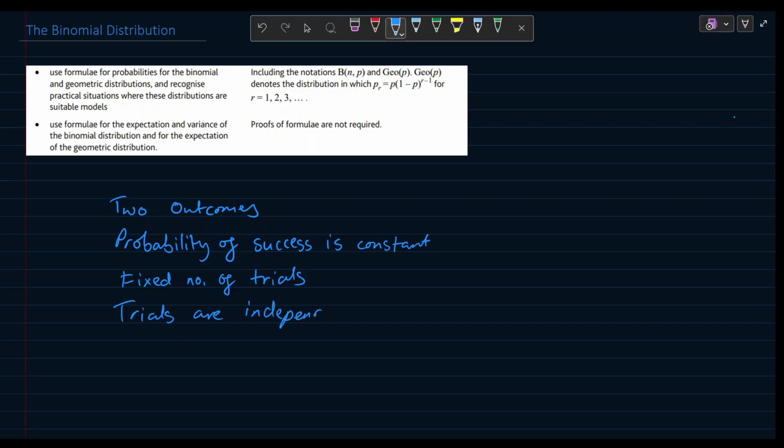Then we can say that random variable follows a binomial distribution.